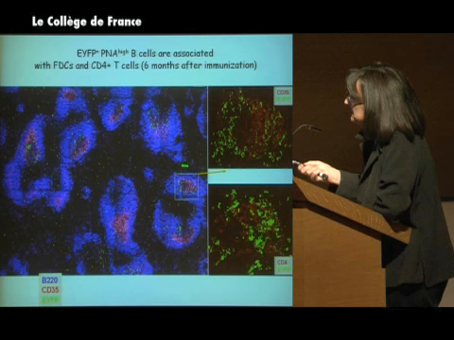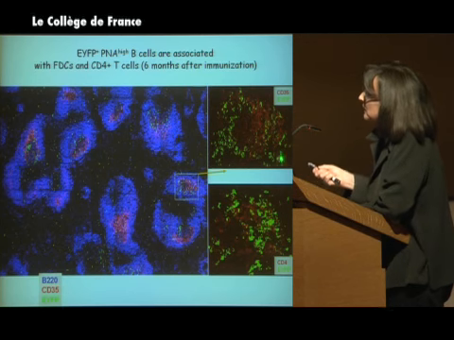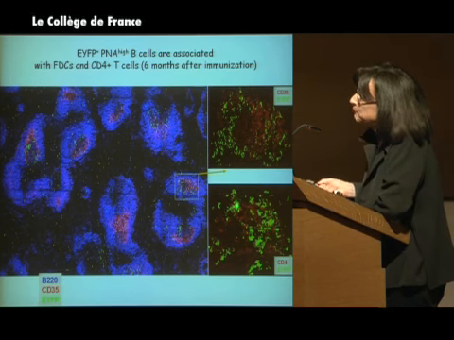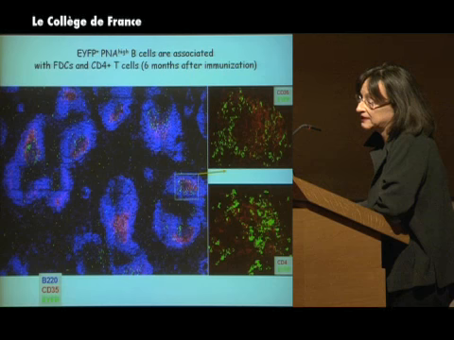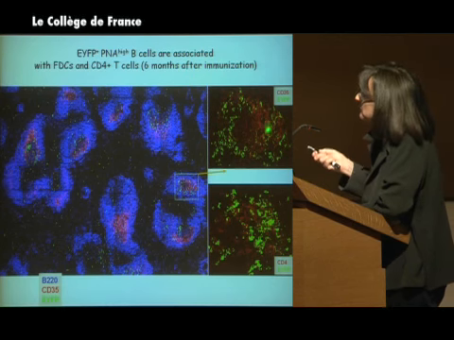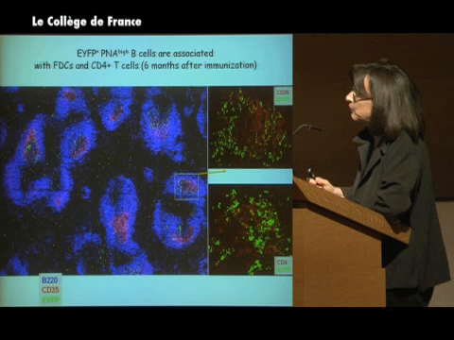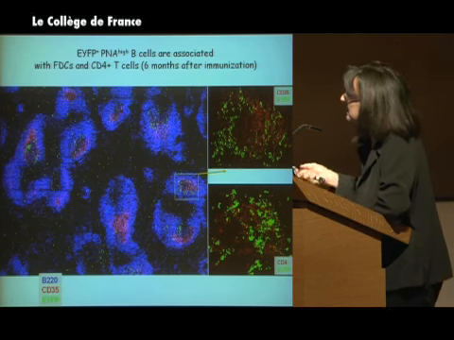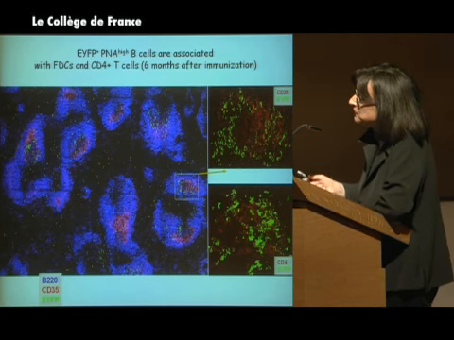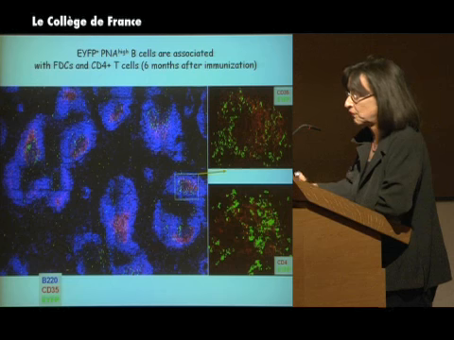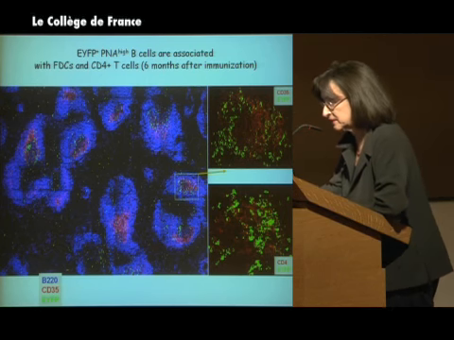So we didn't prove that the antigen was really present in this structure, but it's highly likely that, again, there is a colocalization with FDC and CD4 T helper cells involved in a deposit of antigens that lasts for up to 1 year in this model.